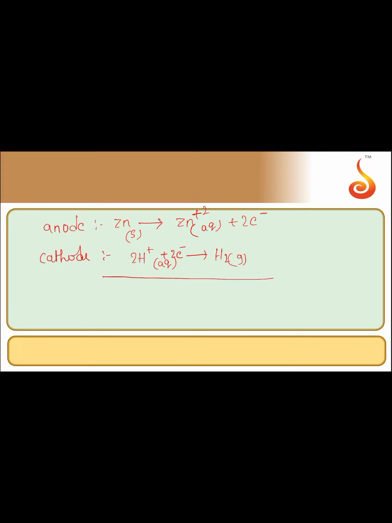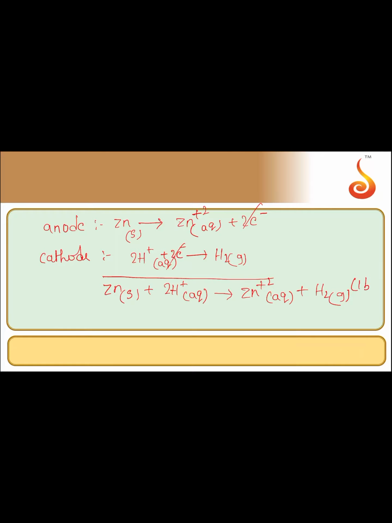Hydrogen is undergoing reduction, so we can cancel 2 electrons. Overall cell reaction is Zn solid plus 2H+ aqueous gives rise to Zn2+ aqueous plus H2 gas.